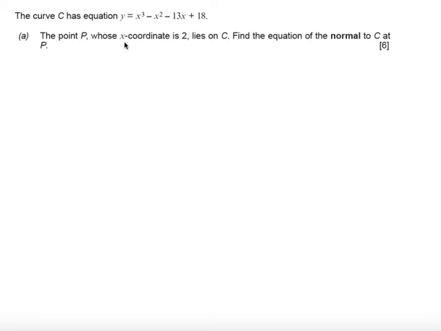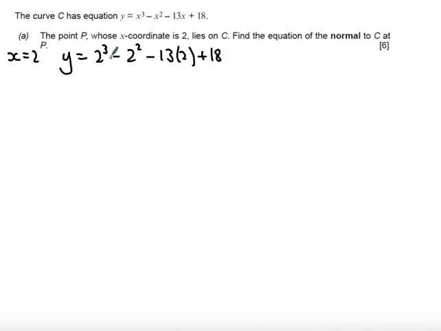With regards to the point, I'm only given an x coordinate. So one of the things I'm going to need to do is find a y coordinate. So if we start by saying x equals 2, then y is going to be 2 cubed minus 2 squared minus 13 lots of 2 plus 18.